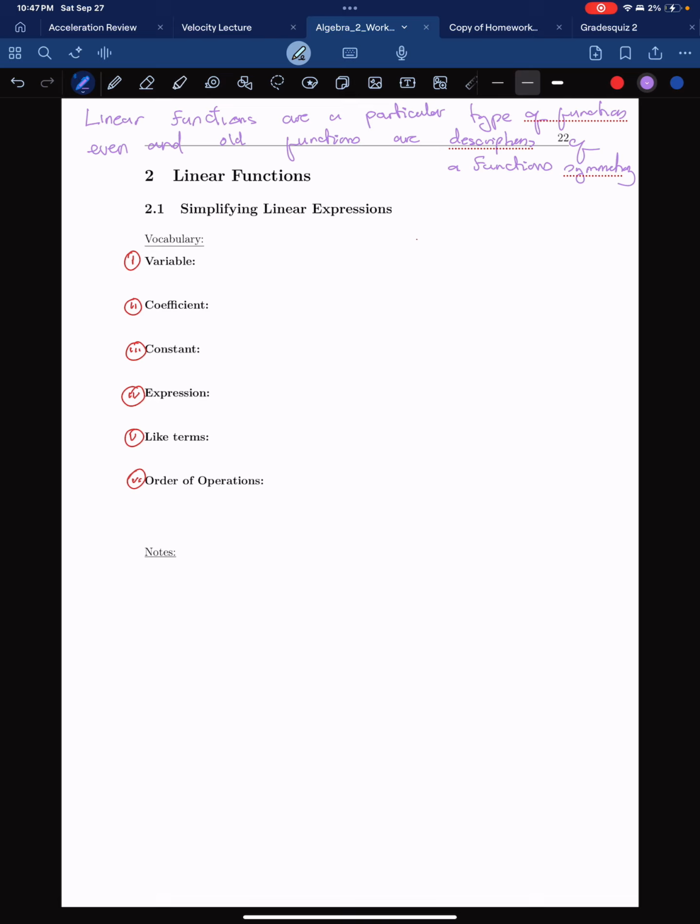What's a variable? This is a letter that stands for a number we don't know yet.